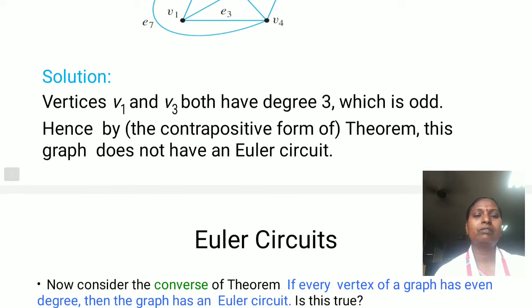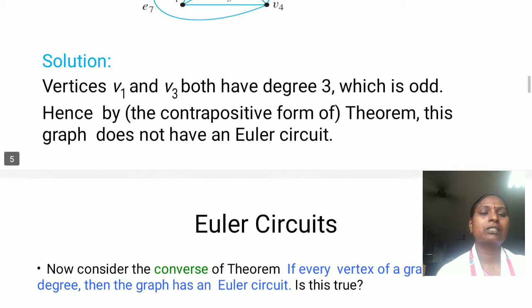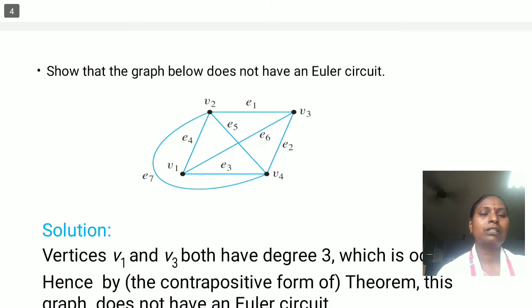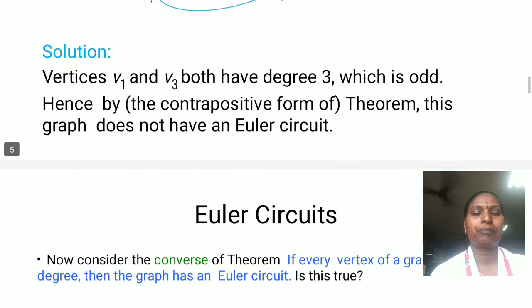The vertices v1 and v3 both have degree 3, which is odd. Hence, by the contrapositive form of the theorem, this graph does not have an Euler circuit. Therefore, we can identify whether a graph is Eulerian by checking the degrees: if each and every vertex has even degree, then the graph is an Euler graph.